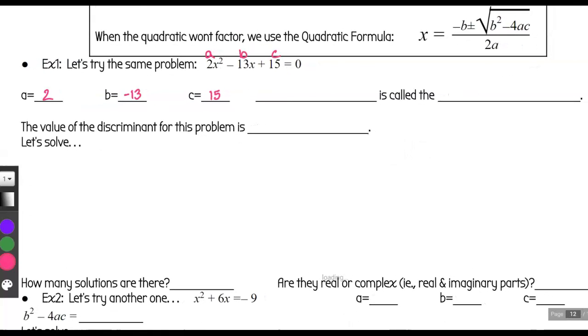Now, if you're looking inside of the square root in the quadratic formula, we're given b squared minus 4ac.